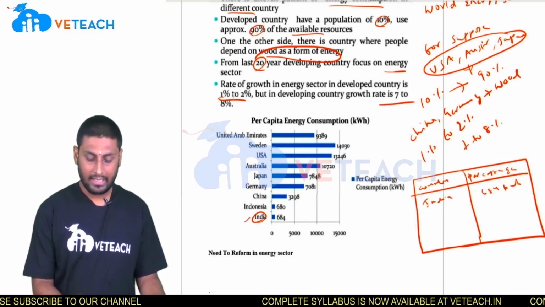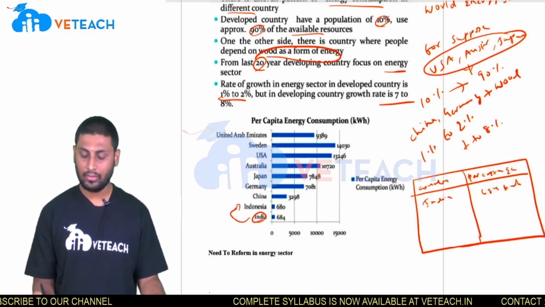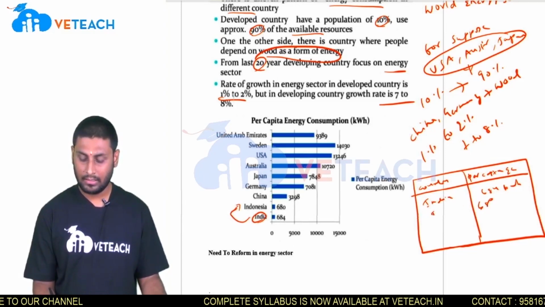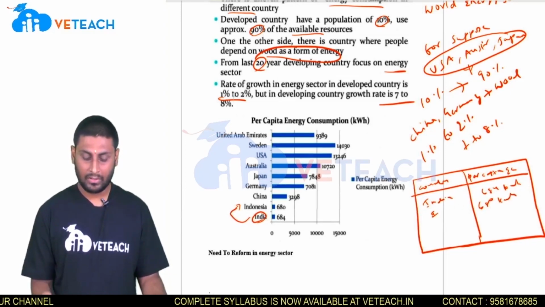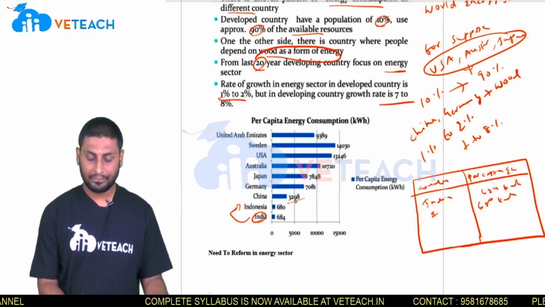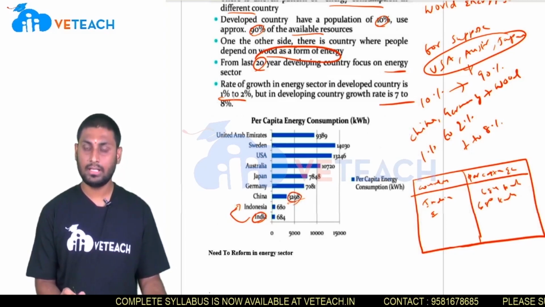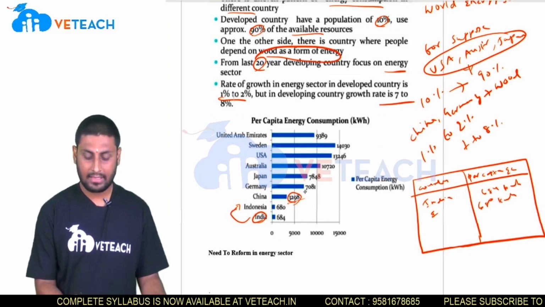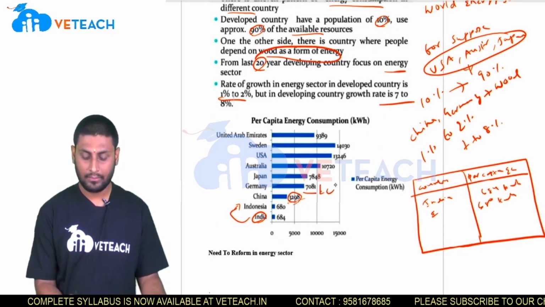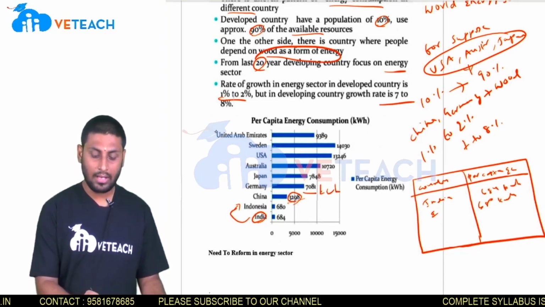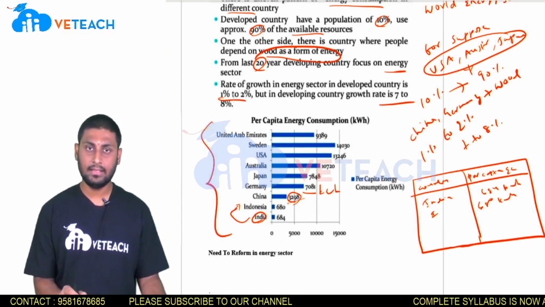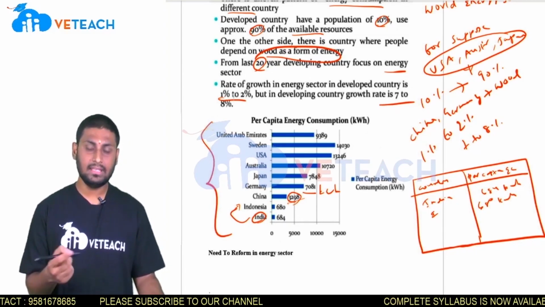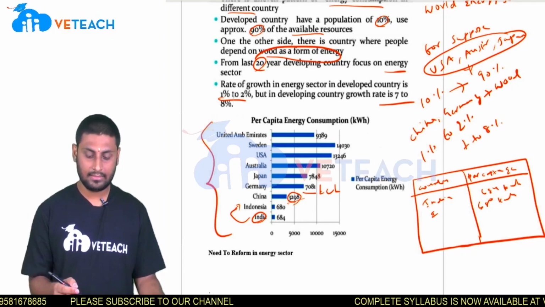After India, Indonesia has only 680 kilowatt hour, and China has 3298 kilowatt hour, and Germany has 7081 kilowatt hour energy consumption. These are all developed countries, but their energy resources keep increasing and decreasing, vice versa.